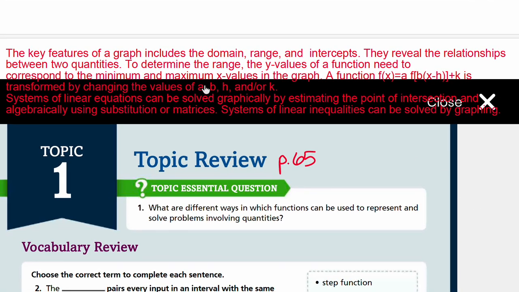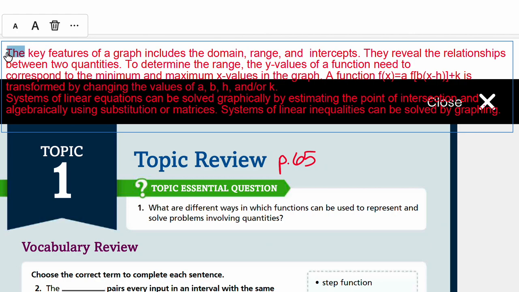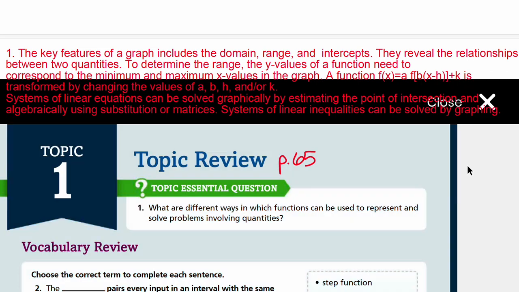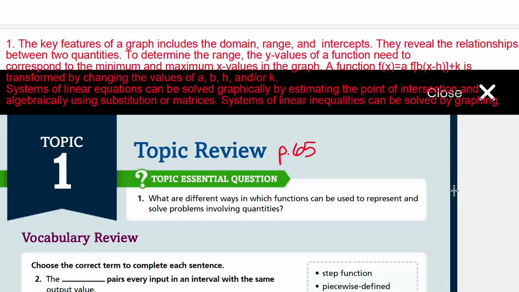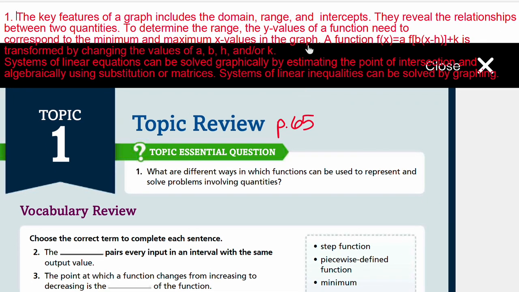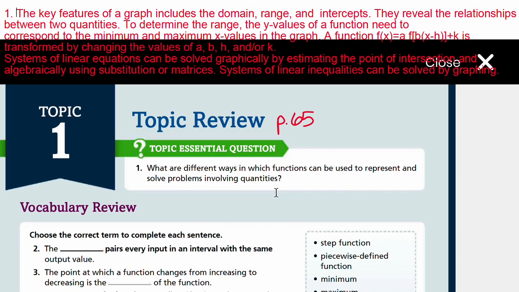All right, so that was number 1. This is just a summary of your topic. So the topic essential question is a really big question. You don't have to write the exact words as I wrote, but this is about summarizing your topic. Look back and reflect on what you have learned in this topic.